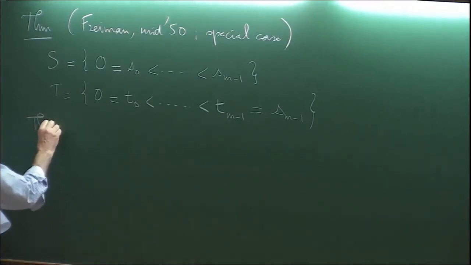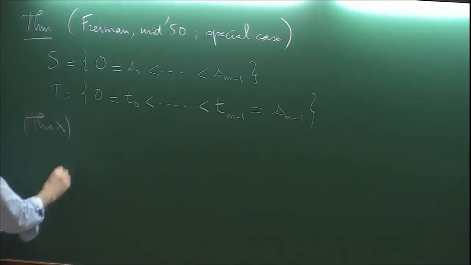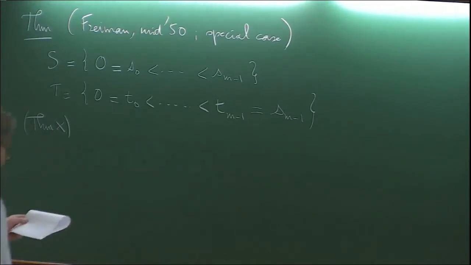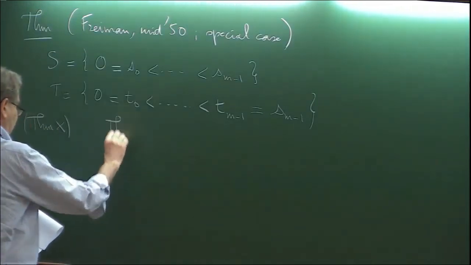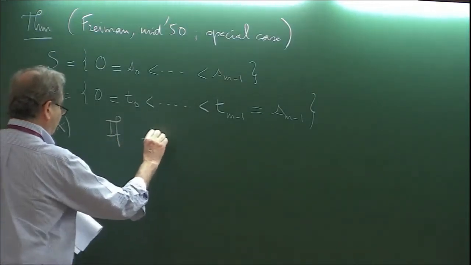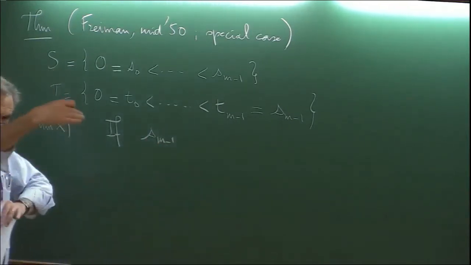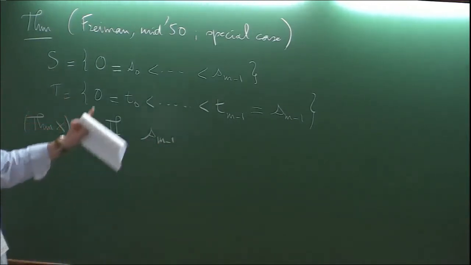So, you have something which I would call Theorem X. This is the statement, which is if Sm minus 1, so this is the length of the interval in which you are.